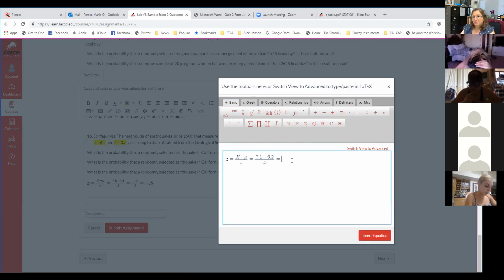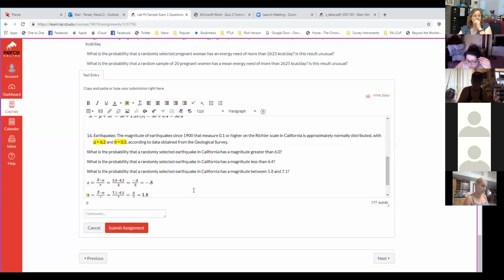Which is 0.9 divided by 0.5, 1.8. That's a positive number. Okay, so now we have both of these.